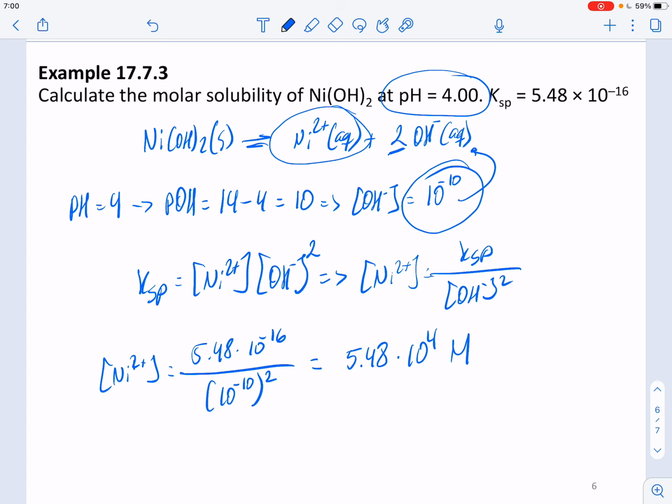Okay, so theoretically, this is the solubility at pH 4 if you could maintain the pH constantly at 4. Now think about it. You have a pH, you have a given concentration of protons at that pH, correct? 10 to the negative 4 to be exact.